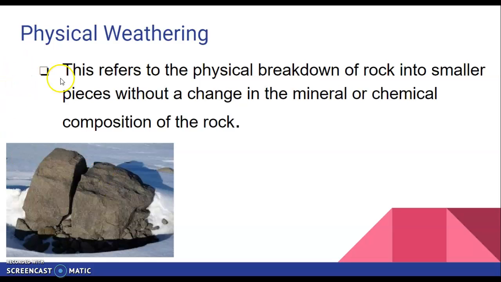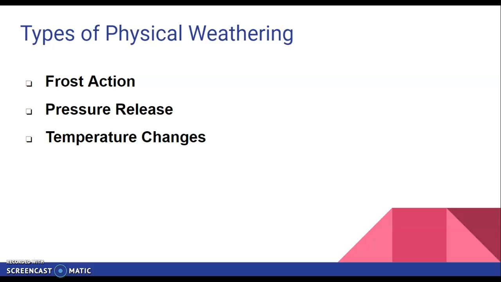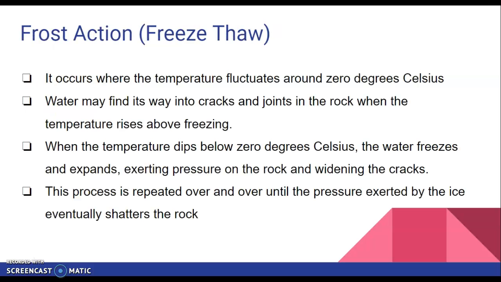So this is what we refer to as physical weathering. Another term for physical weathering is mechanical weathering. It's a physical breakdown of rock into smaller pieces without any change in the mineral or chemical composition of that rock. Now we are focusing first on frost action, then we'll go to pressure release, and next temperature change.